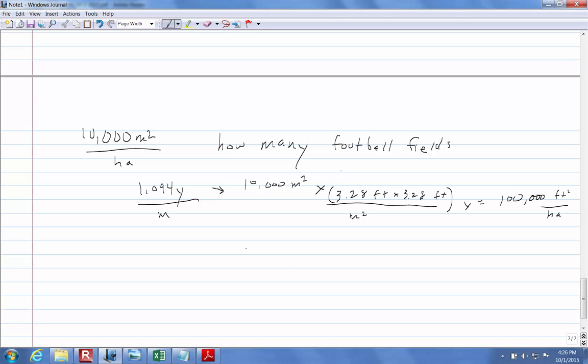We just said a football field's 300 feet long by, what, 120 feet wide? I've got it right here. Yards. Yeah, it's 100 yards long. Let me look at something real quick.